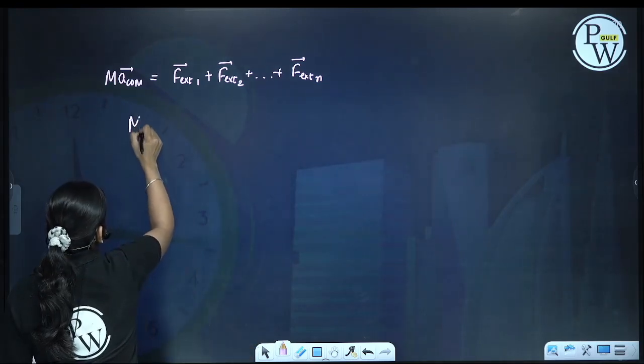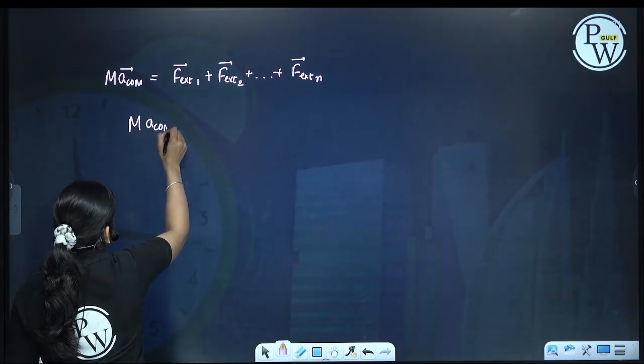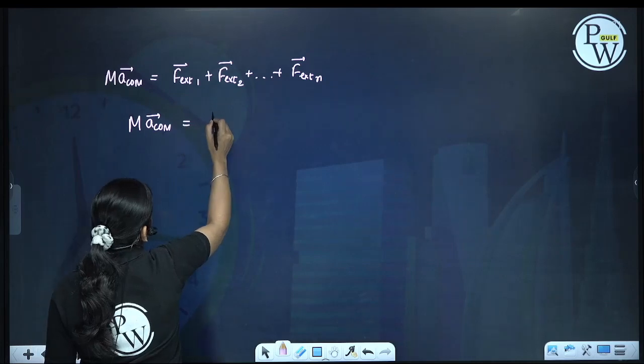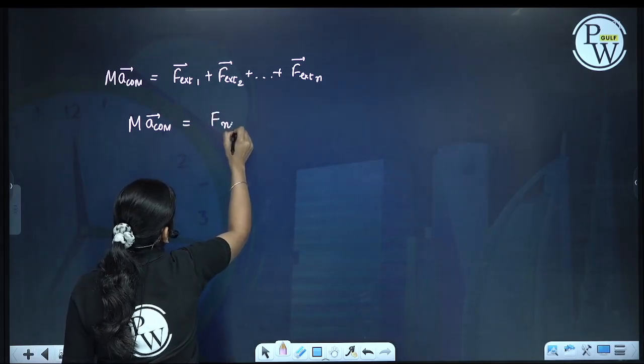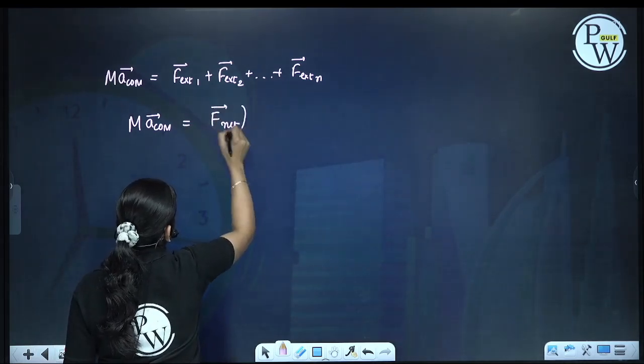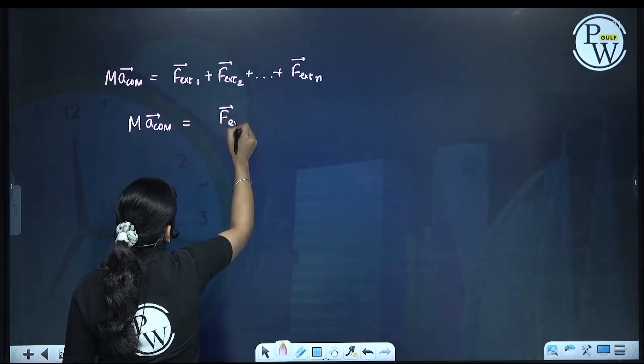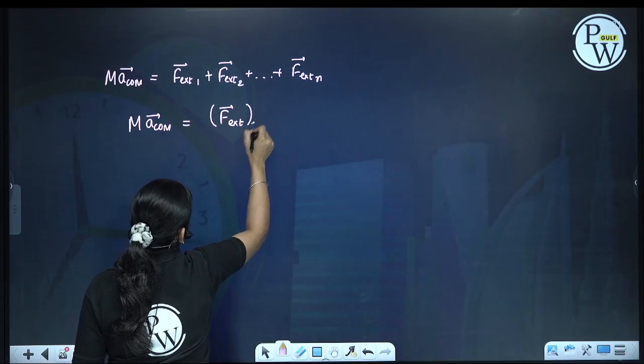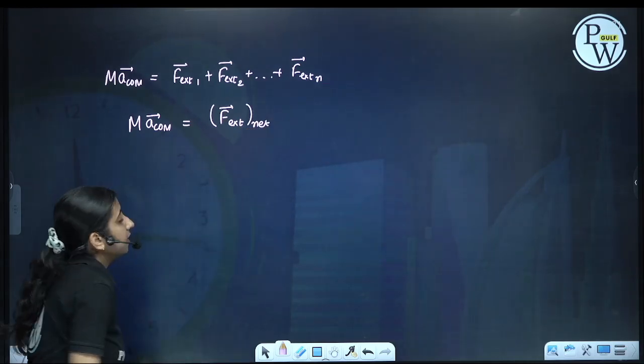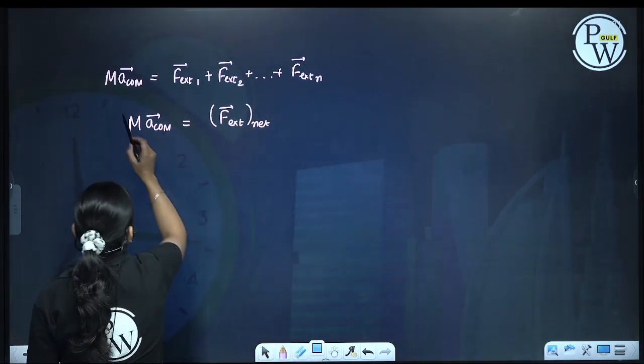So M into ACOM gives me F net external, the net external force on the system.